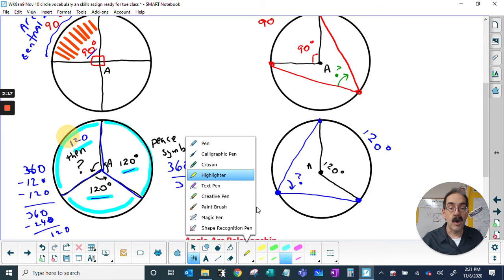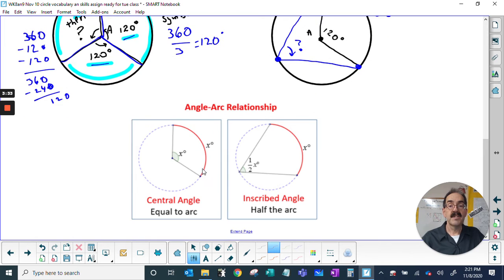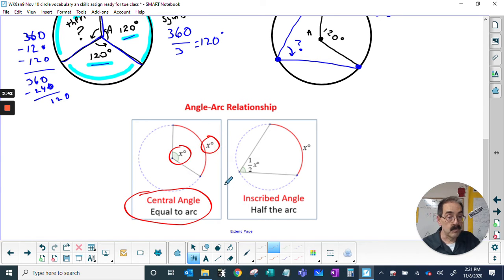So the arc is equal to the angle measure. All right, so that's our rule: the central angle is equal to the arc measure. They are equal.